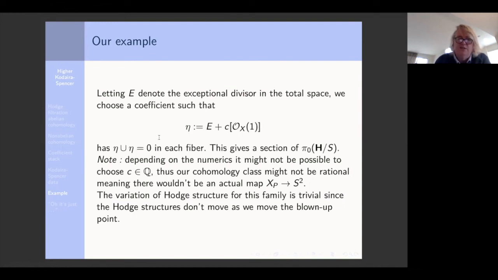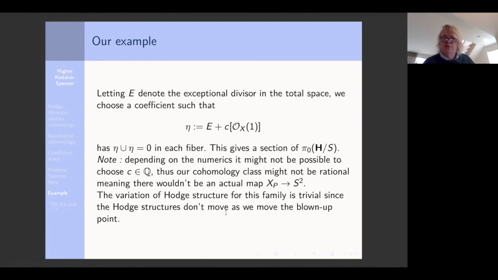Since we have eta cup eta equals 0 in each fiber, and remember I said that we're going to take Z as a simply connected surface, so the H^3 and the H^1 are 0, we get a section of pi_0 of the stack of non-abelian cohomology classes over S. We might not be able to choose a constant inside rational cohomology, which is to say we might not really have a map of topological spaces, since it would have to be integral to get an actual map, but anyway, we're still going to have a map into this schematic homotopy type tensored with K.